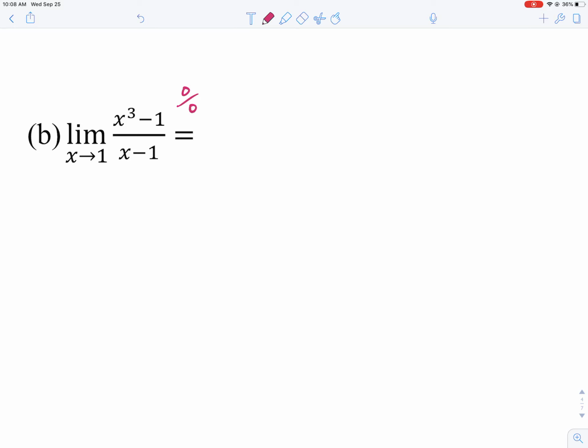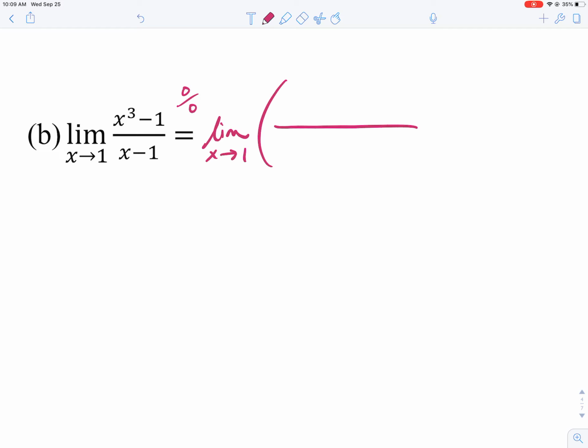So we need to factor, and you either remember what a difference of 2 cubes factors to. If you had Mrs. S for algebra, you probably remember that. But you also know that there's one factor that's a common factor that's causing the 0 over 0.